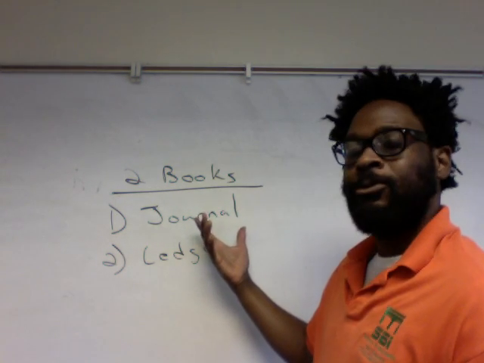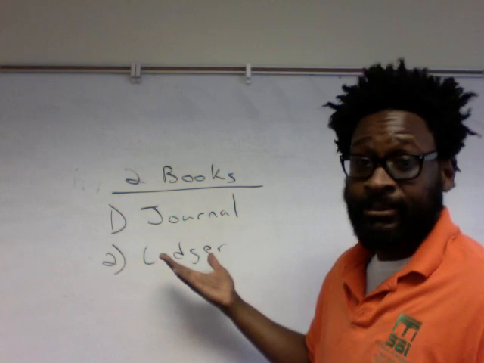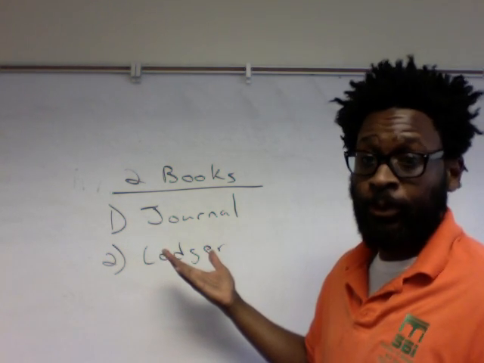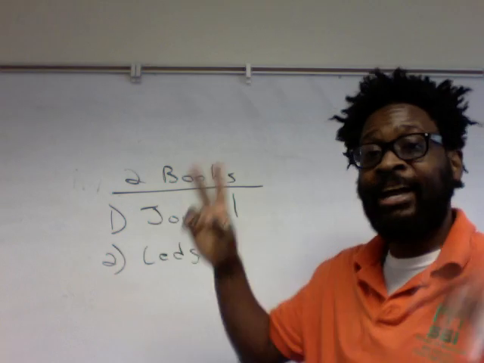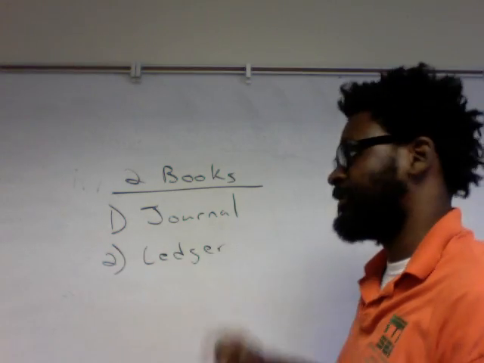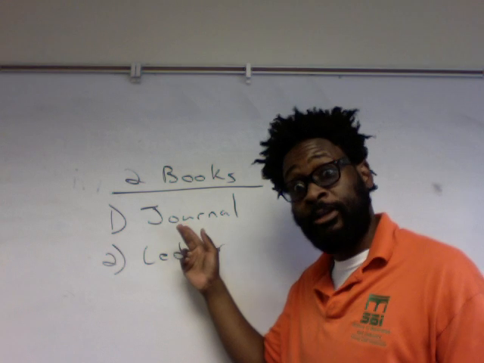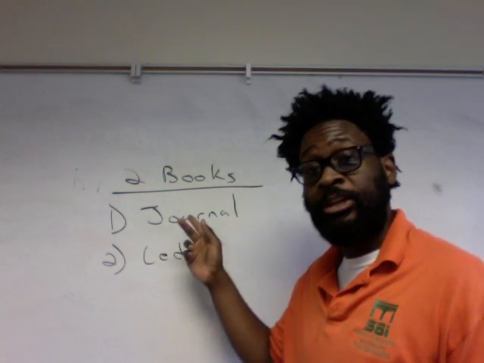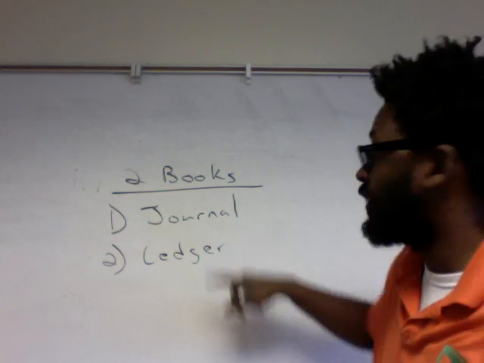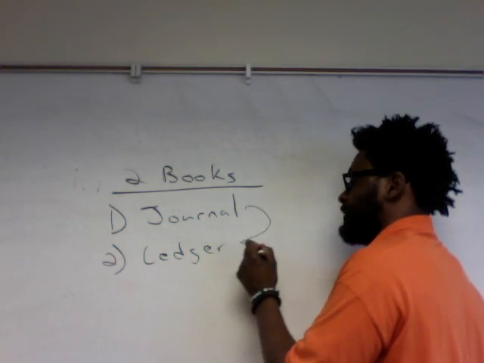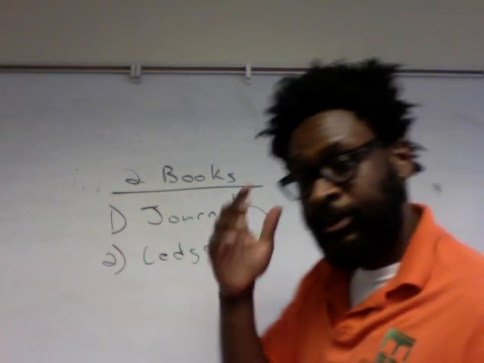Basically, recording is journalizing. And so we're going to learn today how to record, i.e. journalize, inside of the journal. Once the accounts that are affected are journalized into the journal, the information is then transferred into the ledger. We're going to spend most of the time on the ledger right now.